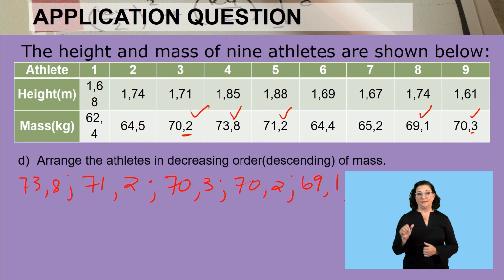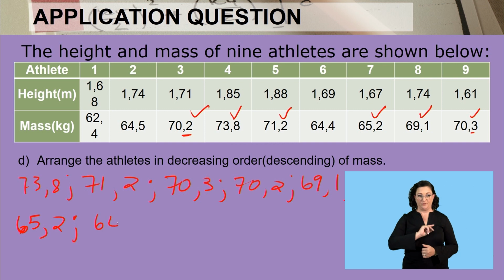Just going to continue down here. We move to, there's a 65, a 64, and a 64, and we're left with a 62. So we start with 65.2 kilograms, followed by a 64.5, then 64.4.